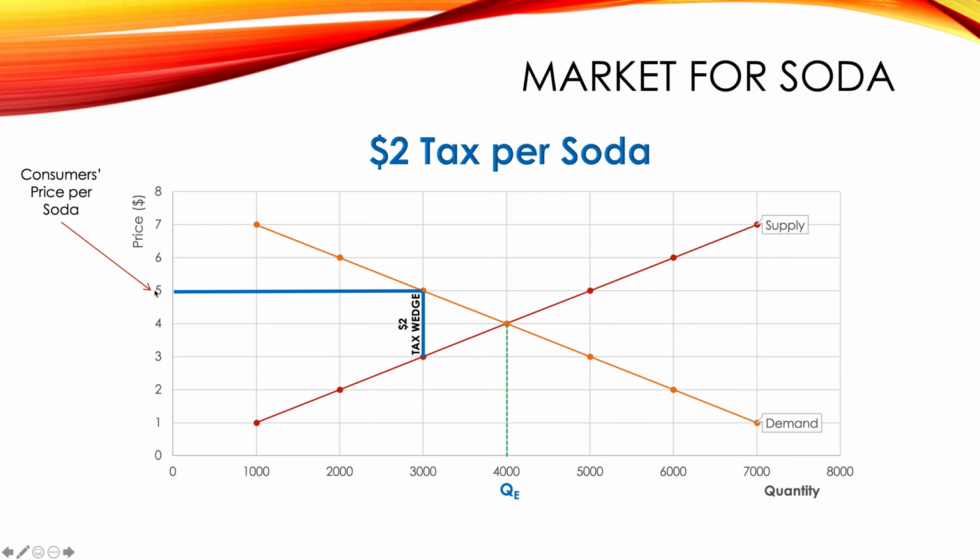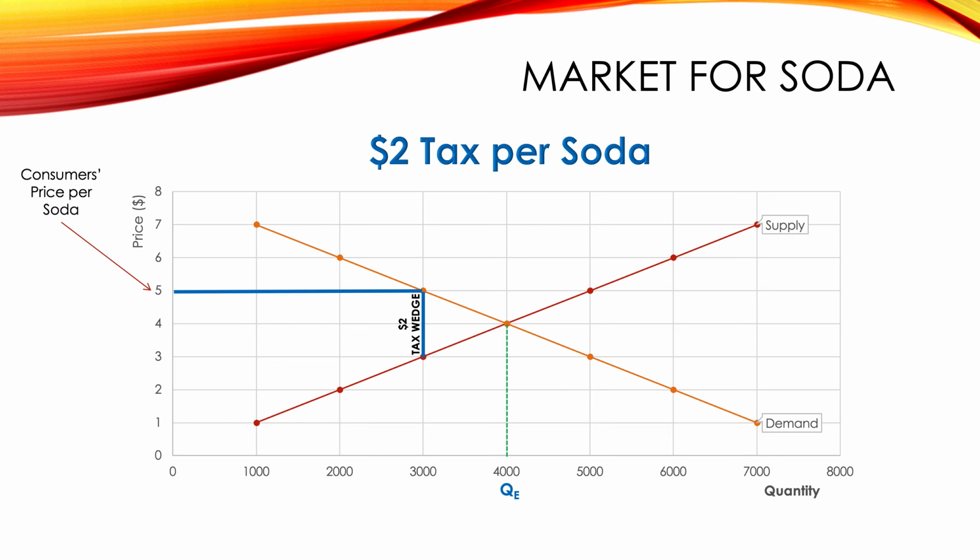Now, the next question is, every time a seller sells a soda, how much revenue are they going to get from that soda? Originally, they would have gotten $4 in revenue from that soda before the tax. And that would have been also the price buyers pay, right? Buyers pay $4, that means sellers get $4. But with the tax, buyers are paying 5. Of that $5 that the buyers are paying, 2 of those dollars are going to the government, right?